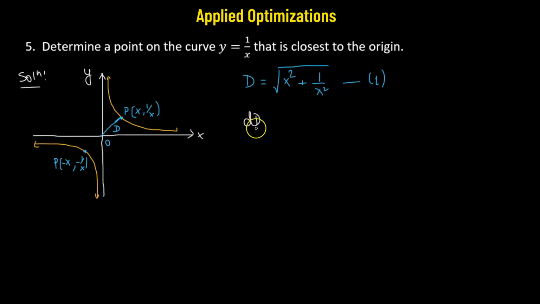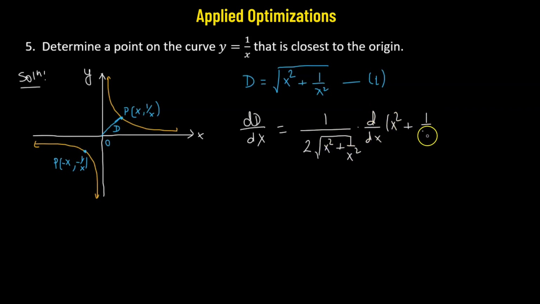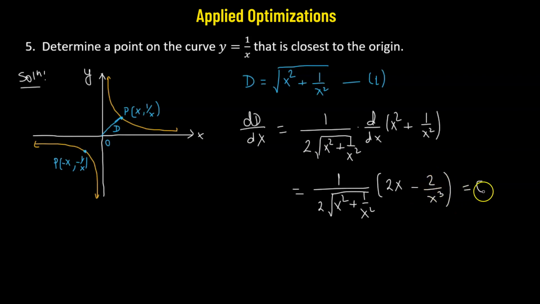The derivative of d with respect to x will be 1 over 2 times the square root of x squared plus 1 over x squared, times the derivative with respect to x of x squared plus 1 over x squared, which is equal to 1 over 2 times the square root of x squared plus 1 over x squared, multiplied by the derivative of x squared, which is 2x, and the derivative of 1 over x squared, which is negative 2 over x cubed.